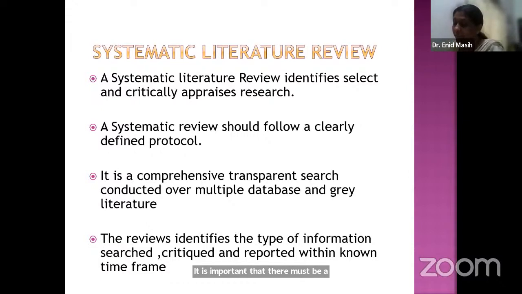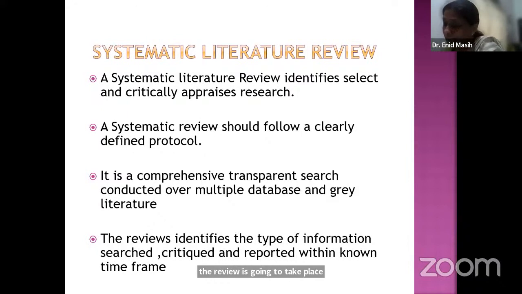A systematic review should follow a clearly defined protocol. Now, what is a protocol? A protocol is basically the criteria clearly stated before the review takes place.